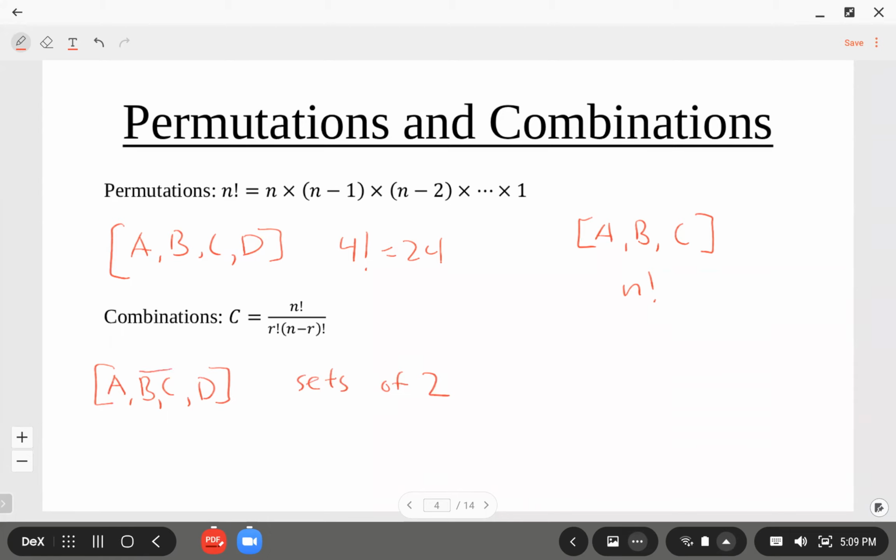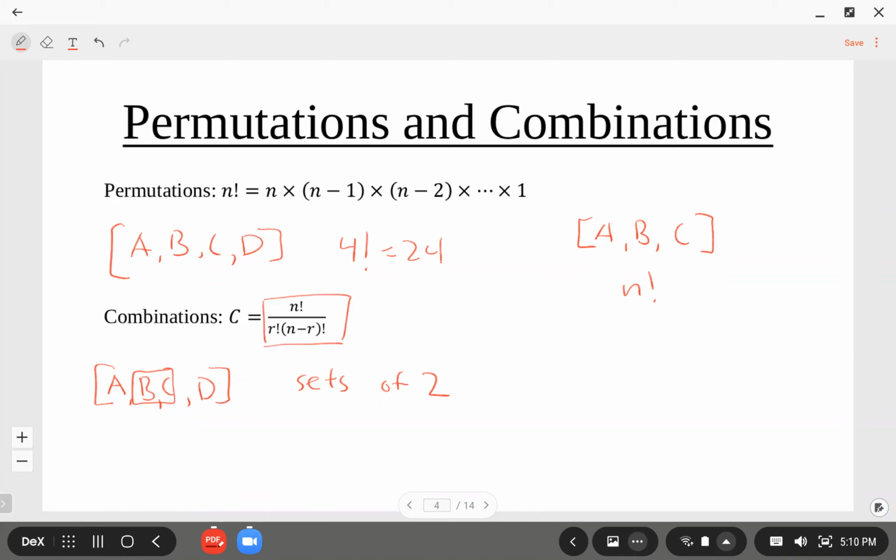We can pick BC, we can pick CD, whatever. We just have to pick sets of 2 from this set A, B, C, and D. So we need to use our combination formula right here: n factorial over r factorial times n minus r factorial.